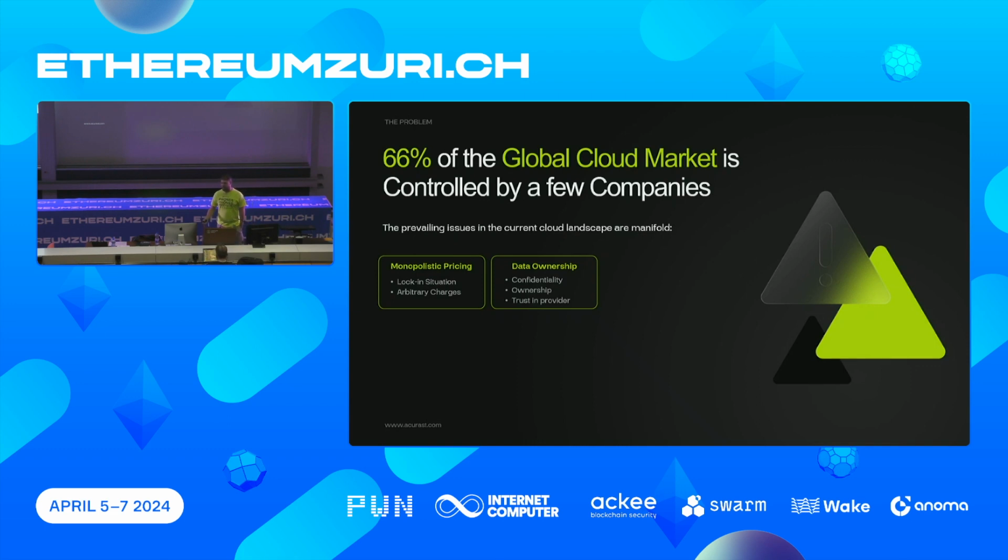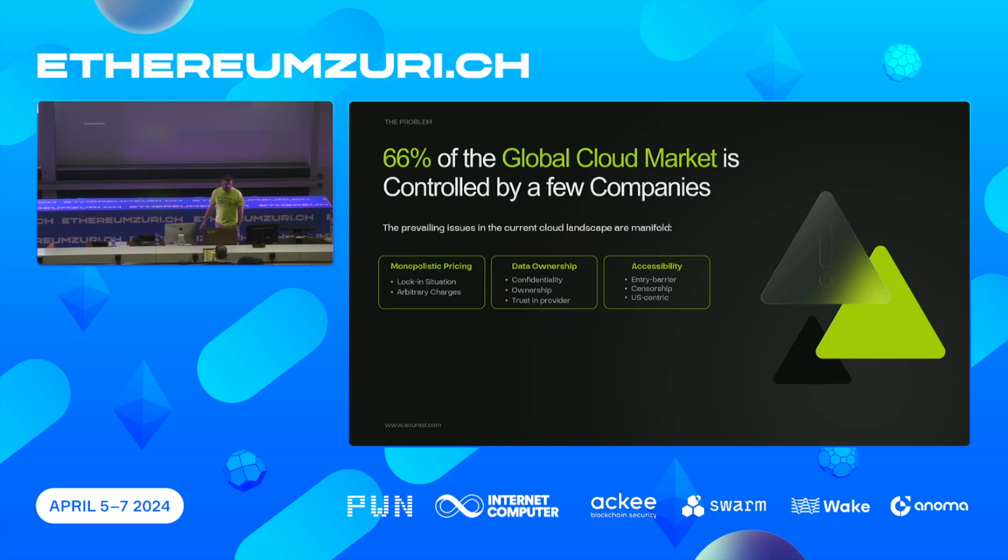Because if they run it on AWS or GCP with an HSM, there is a lot of trust involved in the provider, and verifying that it's done the way it should be done. I mean, that's essentially impossible unless you buy the data center yourself, which is also possible, of course, but then you need to be heavily funded. So ownership is a problem as well, and confidentiality, not just for data at rest, but also data that is being computed on.